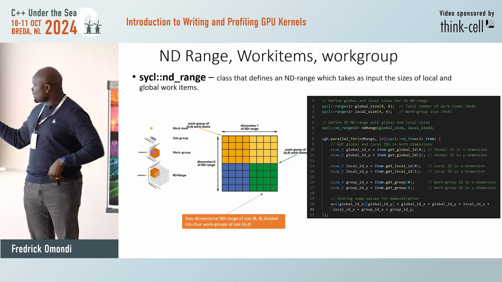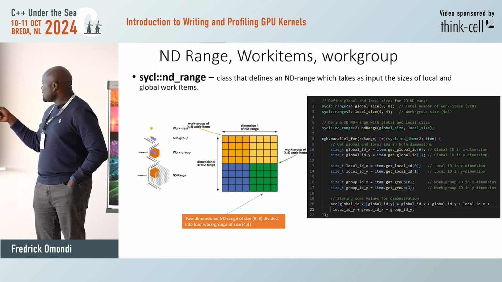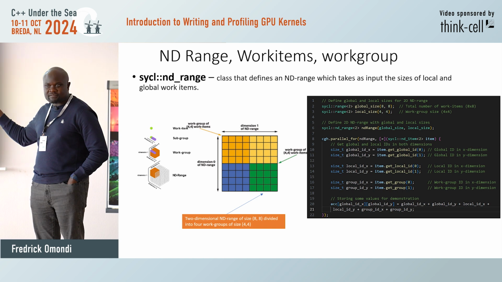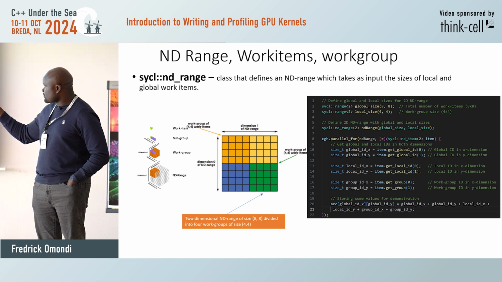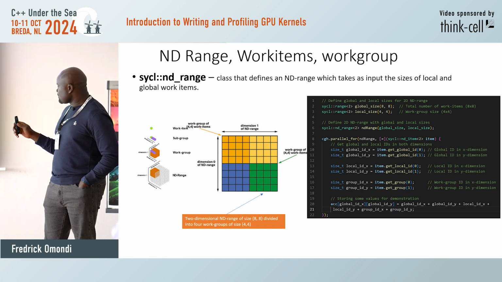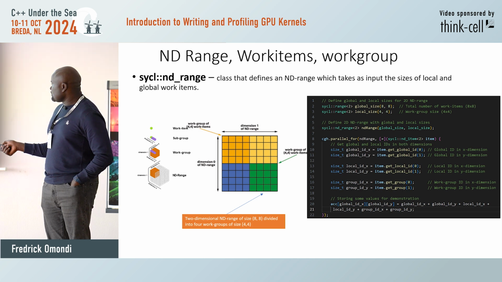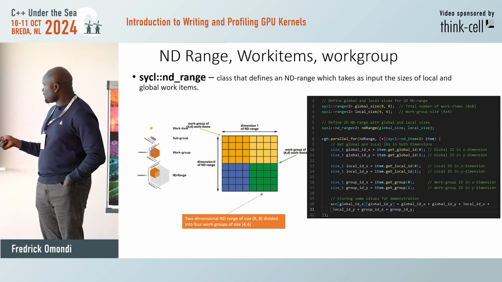For example, in our case, we've got 8 by 8, 64 work items, but these have been grouped. So you'd see four different colors. We've got two variations of yellow at the top and then green and blue. Those are the four different work groups. This is the first work group, this is the second, third, and fourth one, in no specific order.